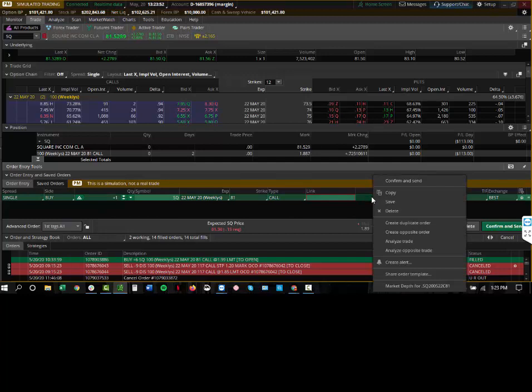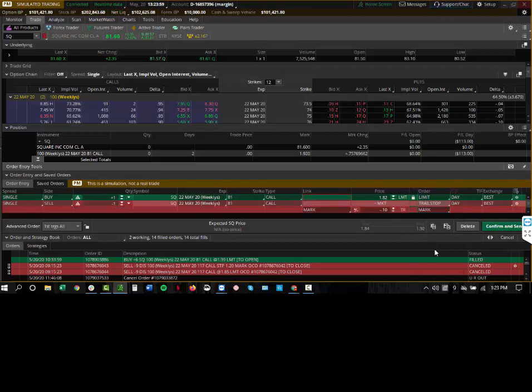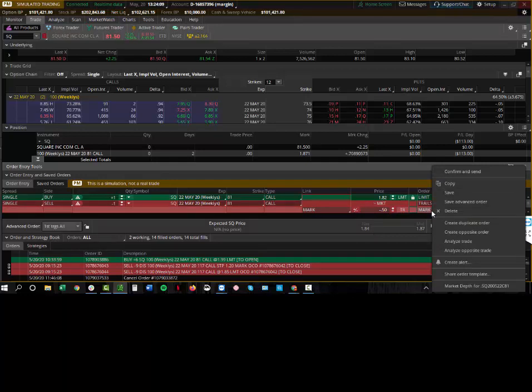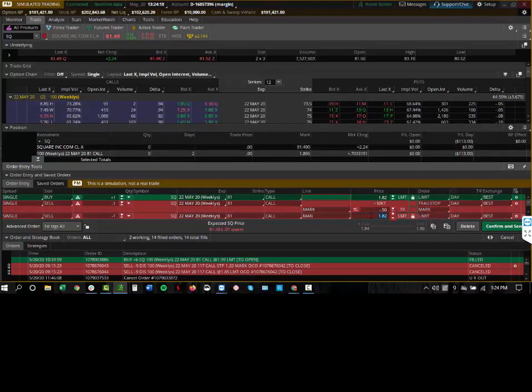Now, I'm going to put in an opposite order. I'm going to put in a trailing stop of, let's just say, 50 cents. Remember, this is arbitrary. This is not an actual signal. And then also at the same time, I want to duplicate that, and I want to put a limit out there of, let's just say, 275.